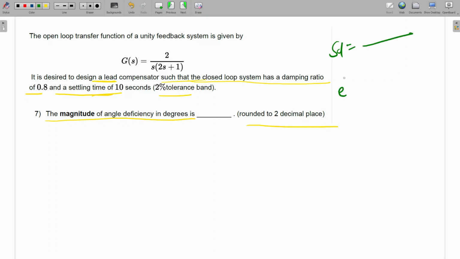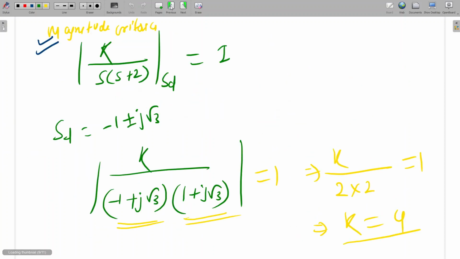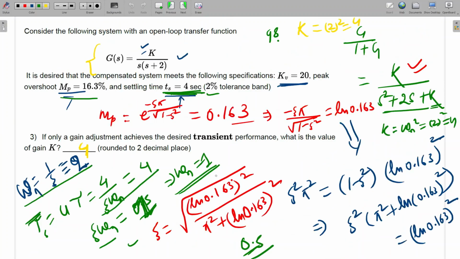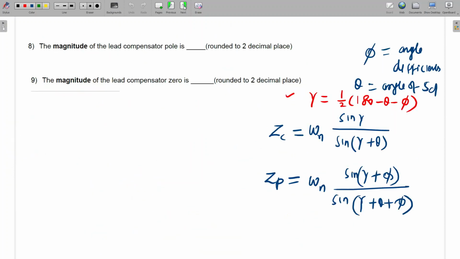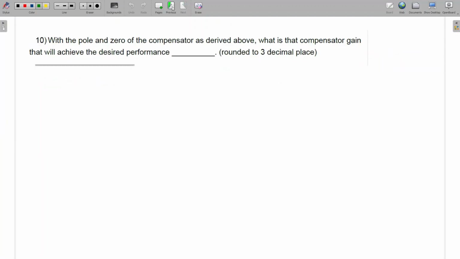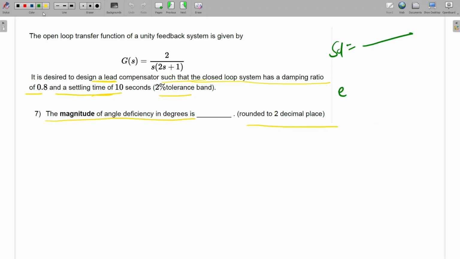What is the zeta formula? Zeta is equal to negative ln of Mp divided by the square root of pi squared plus ln of Mp squared. That we can apply here. But zeta is already given here.